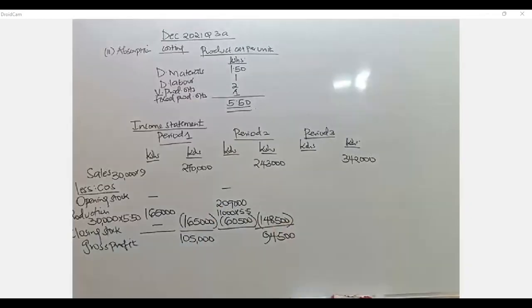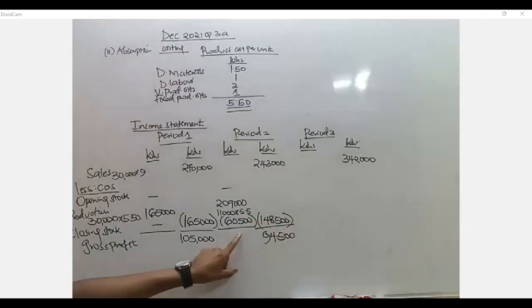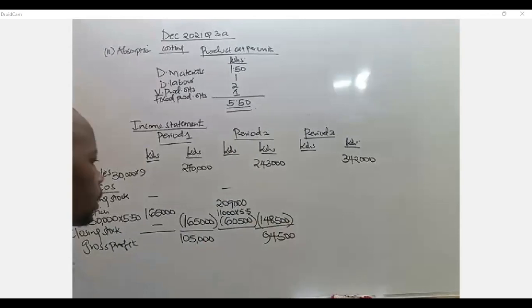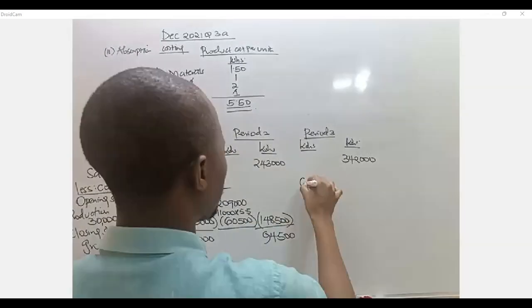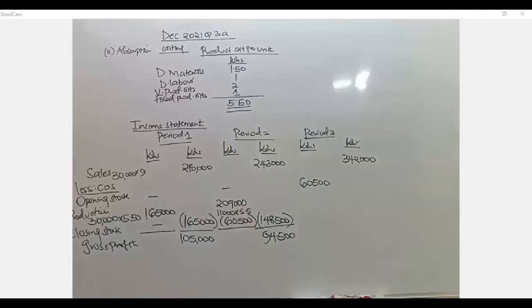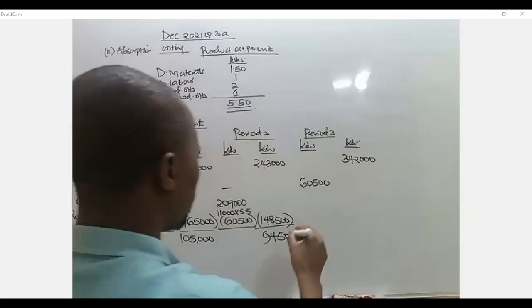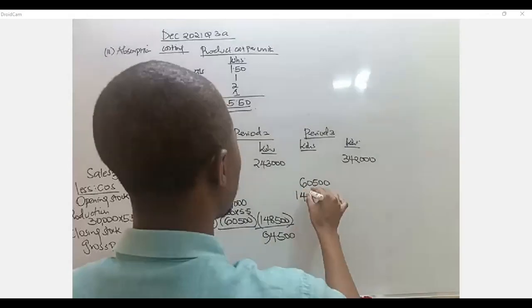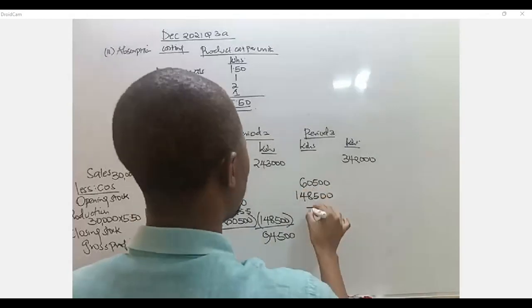Now, when you go to the third period, the closing stock in the second period becomes the opening in the third period. This is 60,500. How many units did we produce? I can see in the question we produced 27,000 times 5.5, getting 148,500. Then we have our dash there.